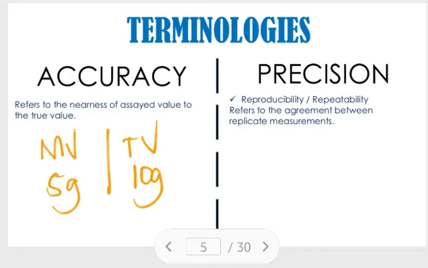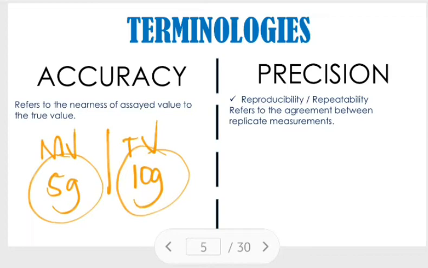Then your measurement is not accurate. So in short, accuracy is an indication of how close the answer obtained, or the measured value, lies to the true value.